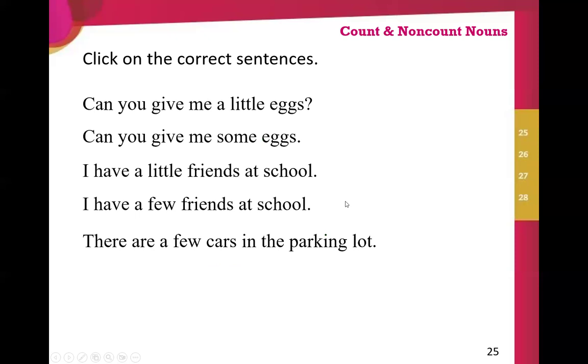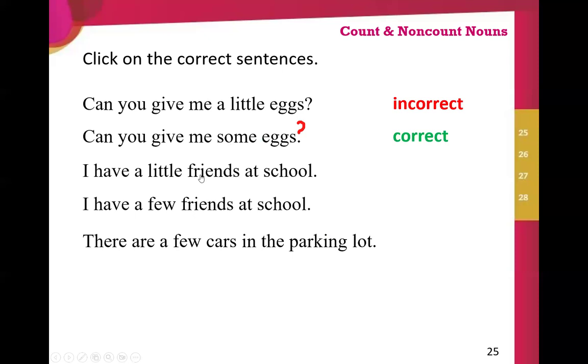Click on the correct sentence as well. Can you give me a little egg? A little eggs? Incorrect. A few eggs, incorrect. Can you give me some eggs? Correct. We have to write a question mark here. Can you give me? This is asking or a request. I have a little friends at school.